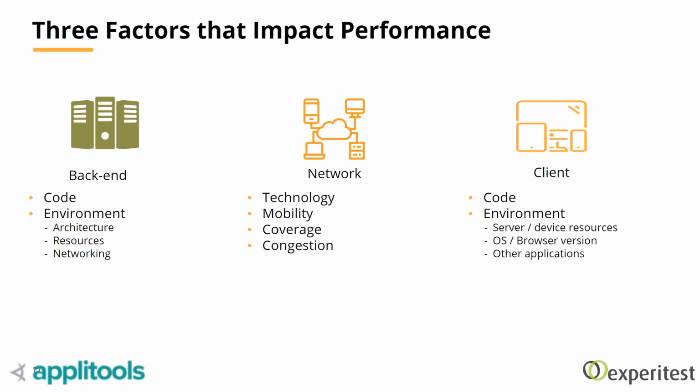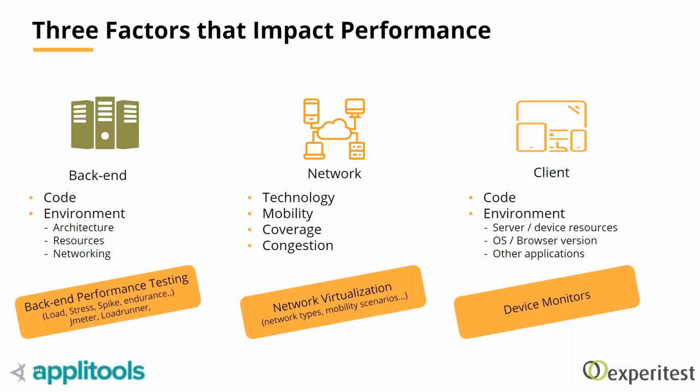So usually this is a generic architecture where you have a backend, and in the backend you have tools that know how to load the backend with transactions, like JMeter and others. But today the main focus is on the client side and the network, and this is mainly due to the cloud capability that we have today, like Kubernetes, where you can scale your infrastructure up and down.